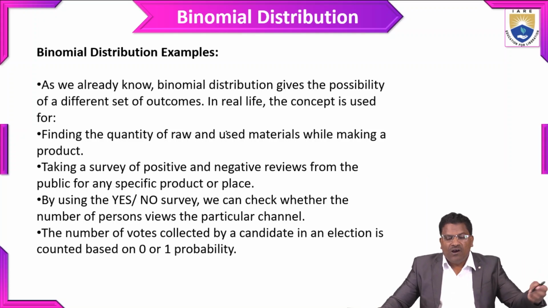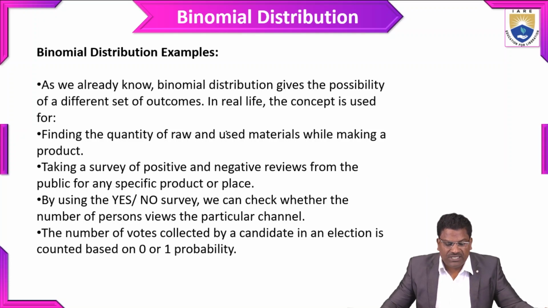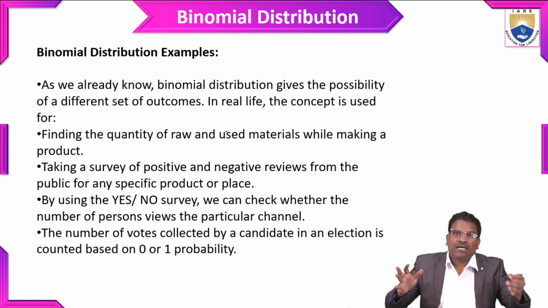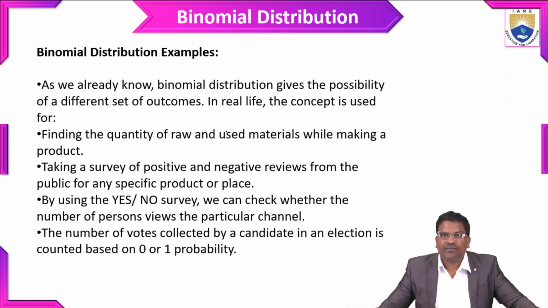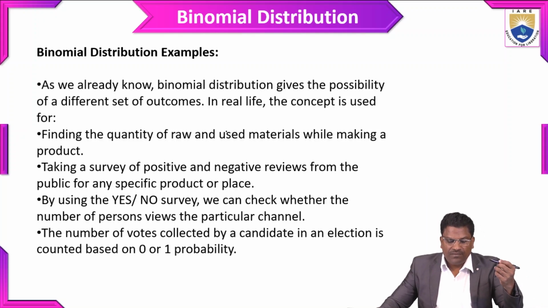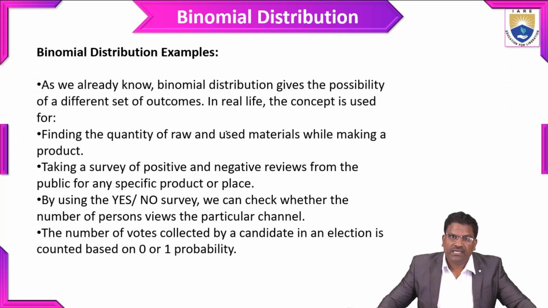It is used for taking a survey of positive and negative reviews from the public for any specific product or place. By using a yes or no survey, we can check whether a number of persons view a particular channel or not. The number of votes collected by a candidate in an election is counted based on 0 or 1 probability.